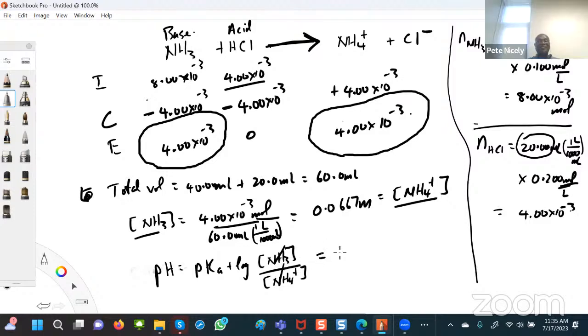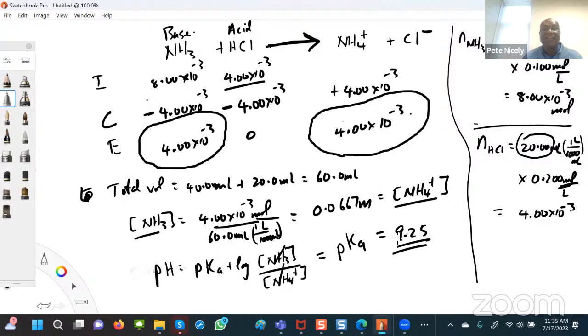So therefore, what that tells us is that the pH is going to be equal to the pKa, right? So all we have to do now is find the pKa of ammonium, which we did before from a previous example. The pKa of ammonium is 9.25.